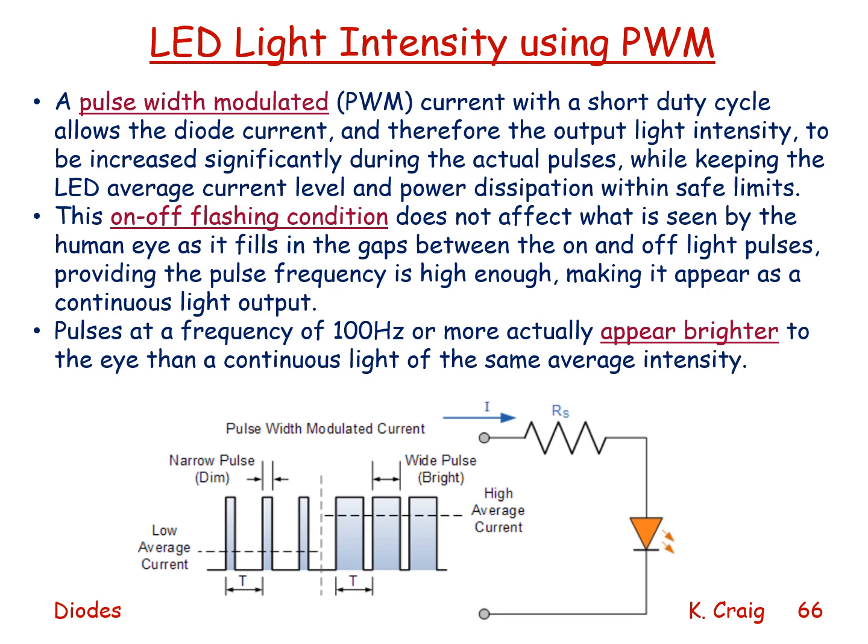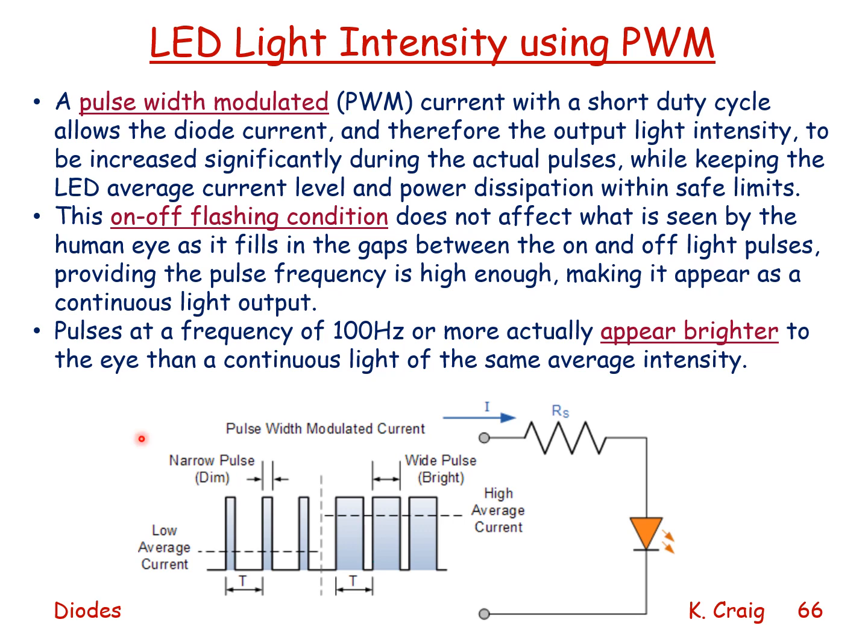This on-off flashing condition does not affect what is seen by the human eye, as it fills in the gaps between the on and off light pulses, providing the pulse frequency is high enough, making it appear as a continuous light output.